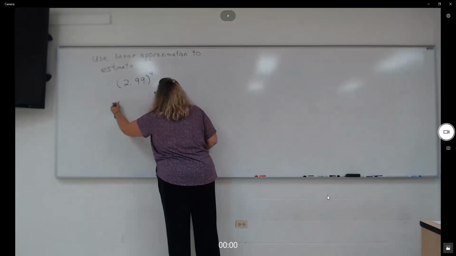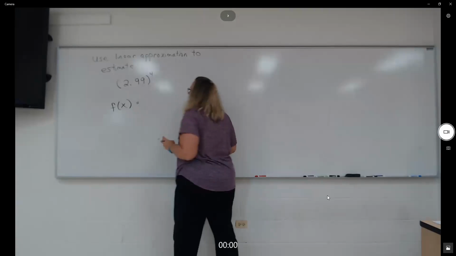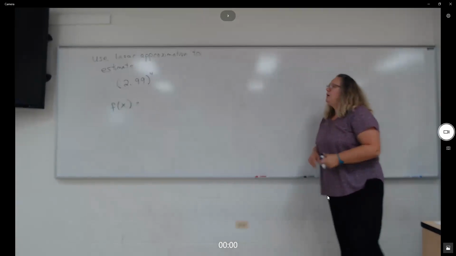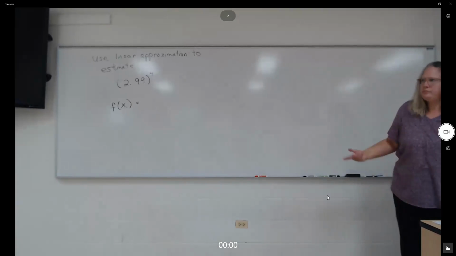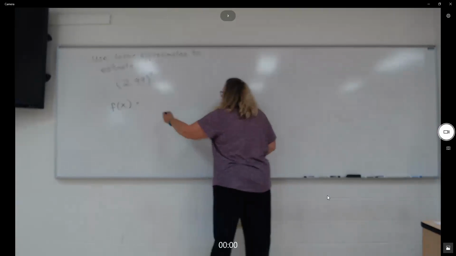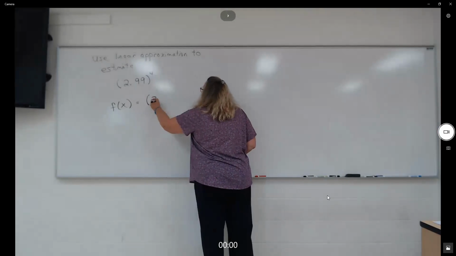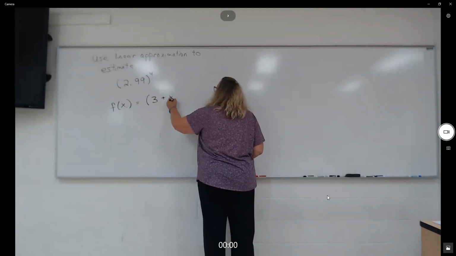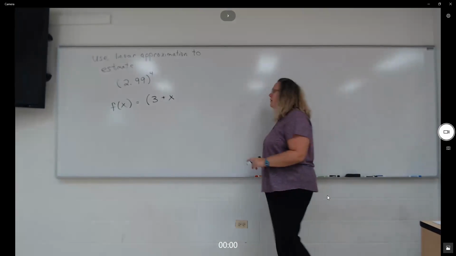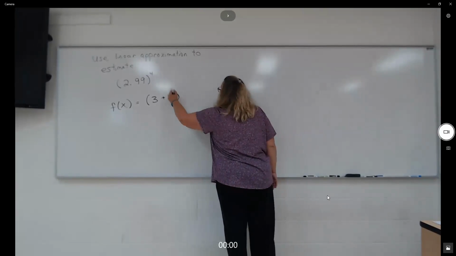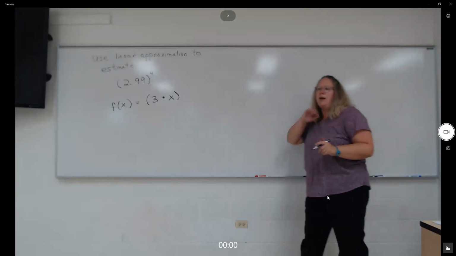So f of x. What is 2.99 really close to? 3. So we're going to write this as 3, and then plus, we just have to adjust it by putting in a value. If we adjust it by putting in a value, then we can come up with 2.99.